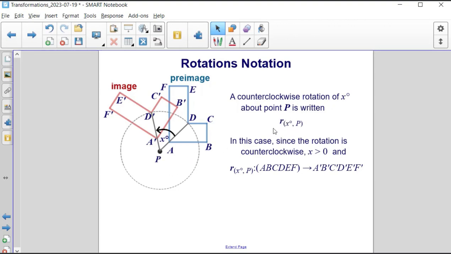Remember, capital R was a reflection, so this lowercase r signifies rotation. And then in parentheses and in subscript, we have x degrees, comma, P, our point of rotation. In this case, since the rotation is counterclockwise, x is greater than 0. And the rotation of x degrees about point P of polygon ABCDEF gives us polygon A prime, B prime, C prime, D prime, E prime, F prime.